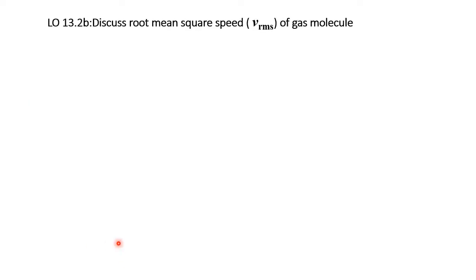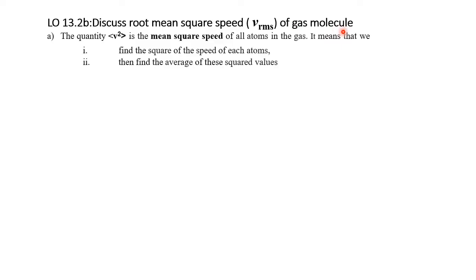And then kita akan discuss learning outcome 13.2b. Discuss root mean square speed. Simbol dia adalah v_rms. RMS ni stand for root mean square of gas molecule. The quantity mean square ni adalah simbol untuk mean square. Yang macam arrow ni mean, and then ada kuasa 2 ni square.